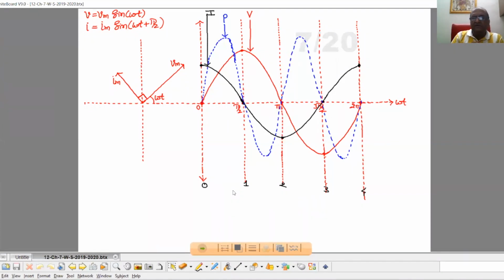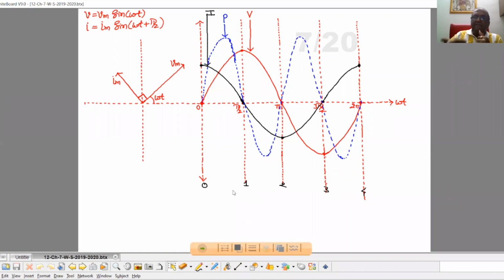Then after, the voltage cycle changes from positive to negative. So again during that, the charging of the capacitor will take place, but now the polarity of the plates will be changed. So during the third 1/4 cycle, the charging process of the capacitor will take place again and the capacitor will store the energy in the form of electric field.